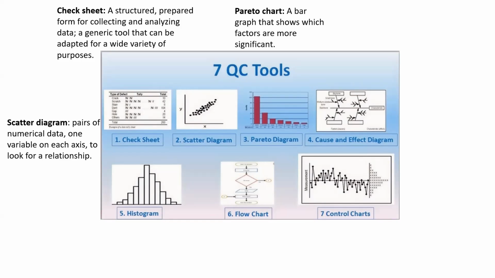Then you have Pareto. The Pareto is basically a bar graph, but when you look at Pareto graphs, you will notice that there is always a high bar on the left, and then it tapers down until the smallest one is on the right.